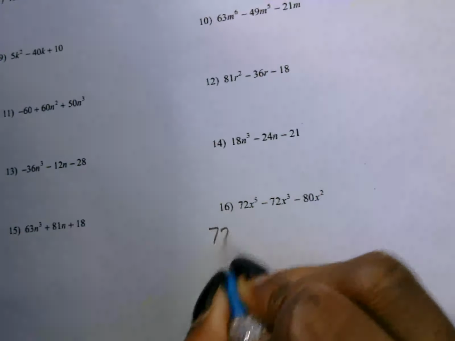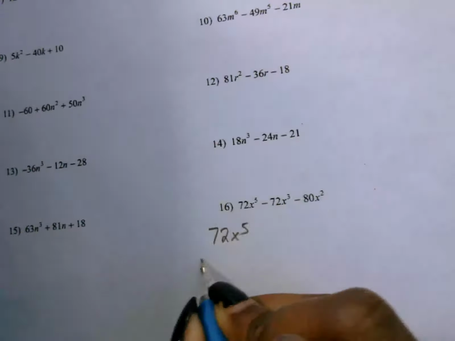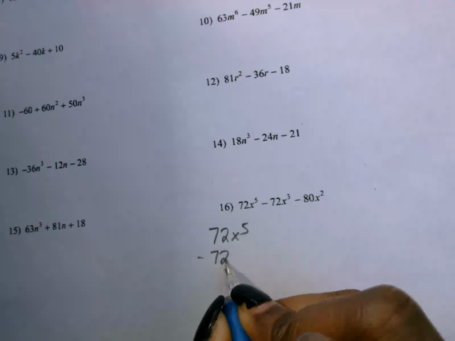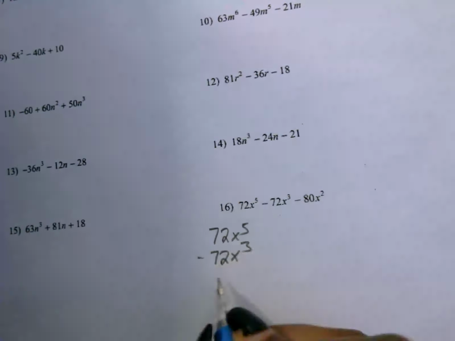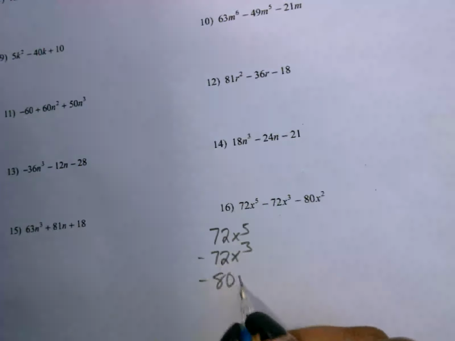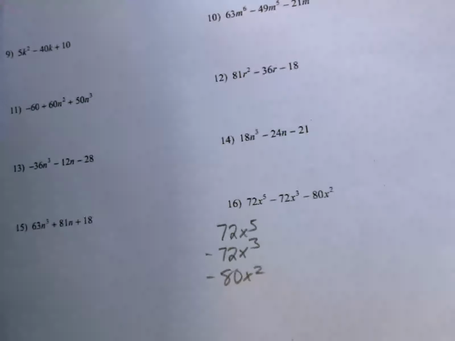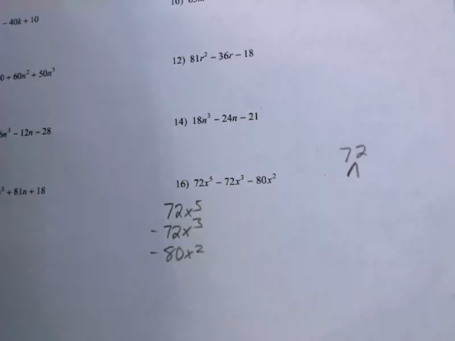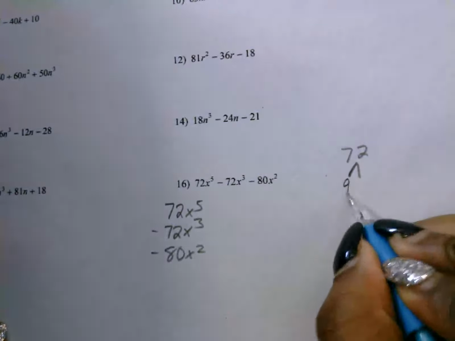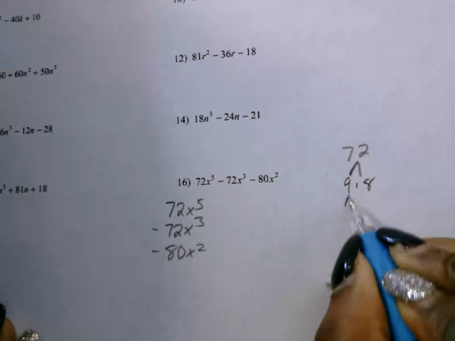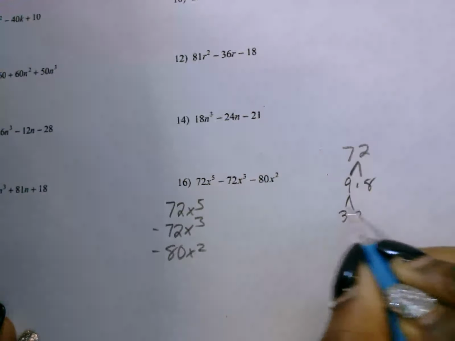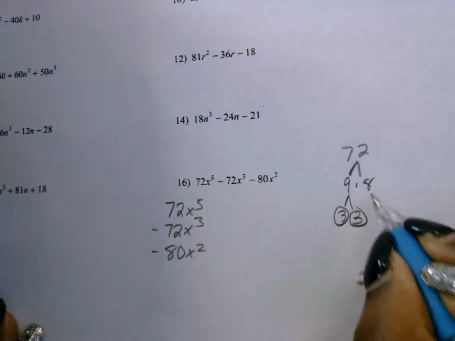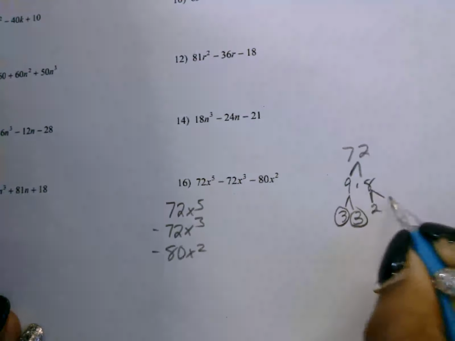So this is 72x to the 5th. We got negative 72x to the 3rd. We got negative 80x to the 2nd. Okay, so we're going to draw a factor tree. So let's do 72. What two numbers can be multiplied to give me 72? 9 times 8. And then break down 9 to 3 times 3, right? Circle them because they're prime. What about 8? 2 and 4.